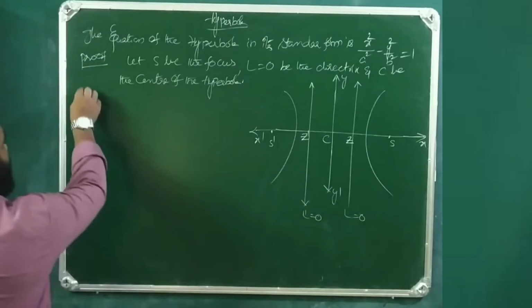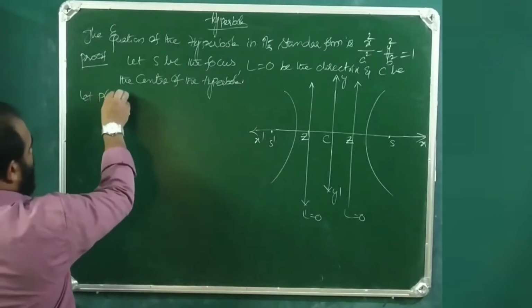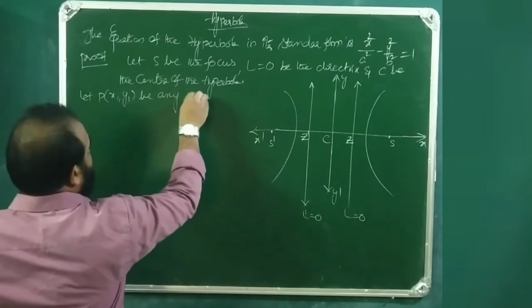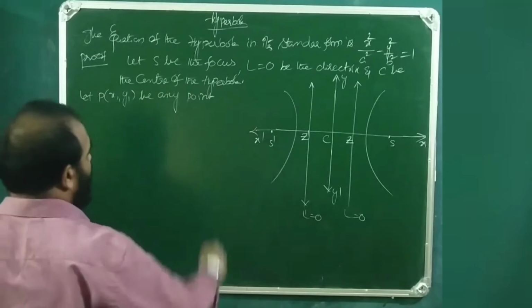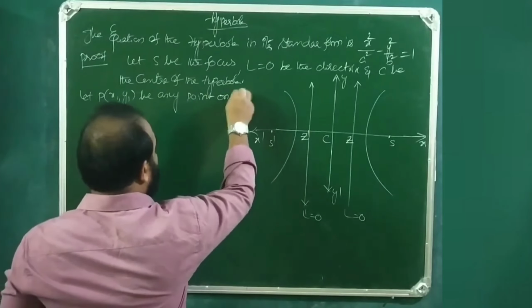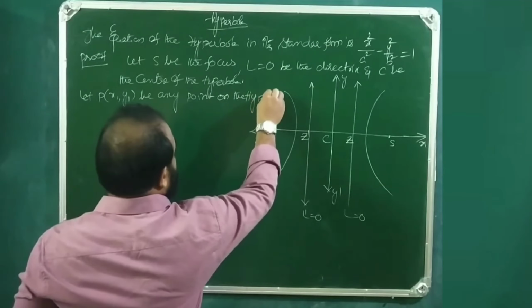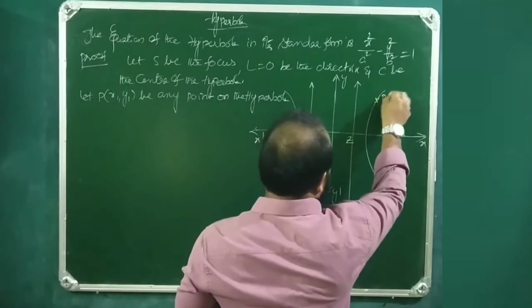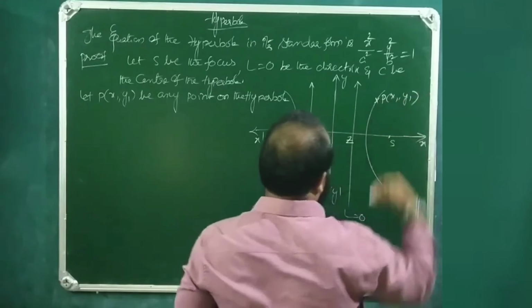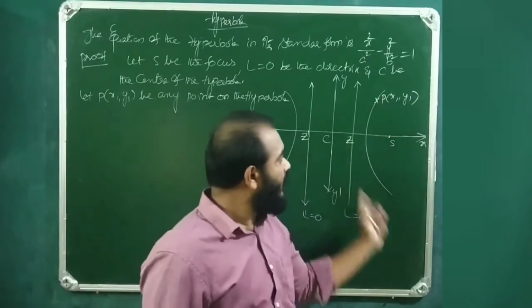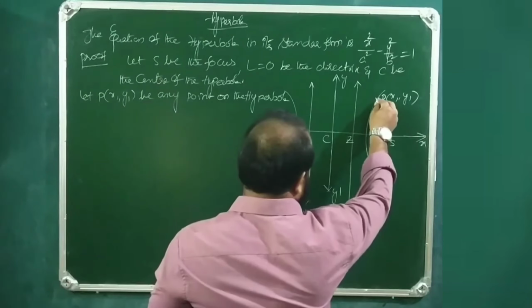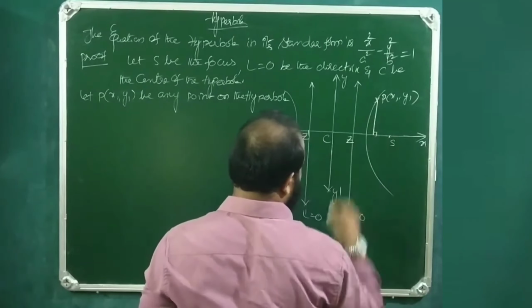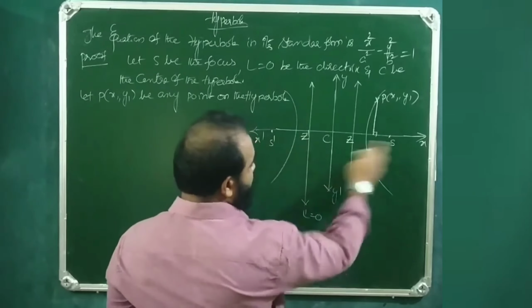Let P x1 y1 be any point on the hyperbola. So from this I will draw a perpendicular on the x-axis.